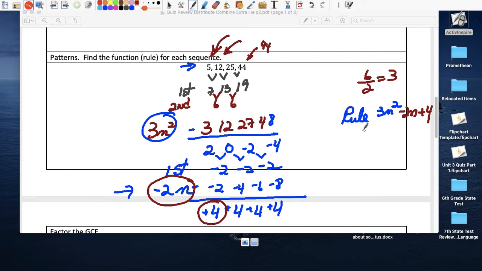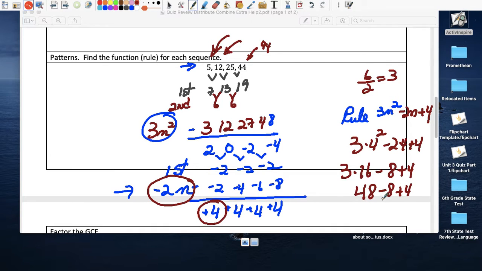Let's plug in 4: 3 times 4 to the second power minus 2 times 4 plus 4. 4 to the second power is 16, minus 2 times 4, which is 8, plus 4. 3 times 16 is 48, minus 8, plus 4. 48 minus 8 is 40, and then plus 4 equals 44. So look at that, the fourth term is 44. Does it match what it has up here? Yes, it does.